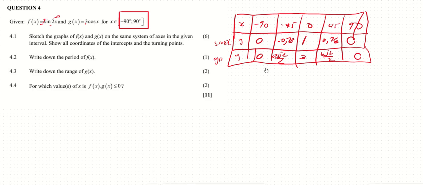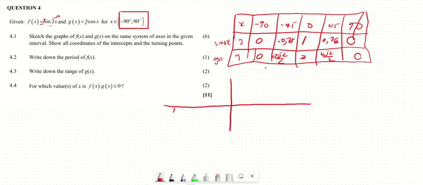So I'm going to plot these points. I will use different colors now because I don't know the scale. This is negative 90 for me, negative 45. This is 0. This is 45. This is 90. So for x, starting with negative 45 it goes to 0, with 1, it goes to a certain value, then comes here.